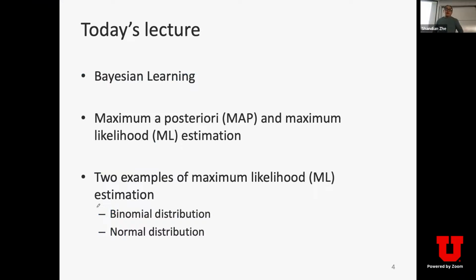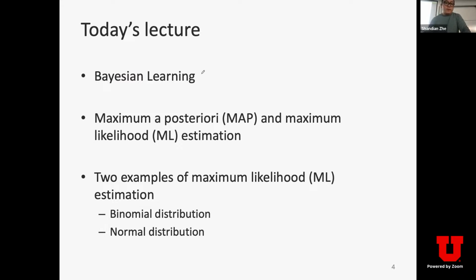Here is our plan for today's lecture. We'll first explain the Bayesian learning framework and introduce two notions of Bayesian learning. One is to learn a probabilistic concept, namely the target function is to learn a probability rather than to predict a decisive label.